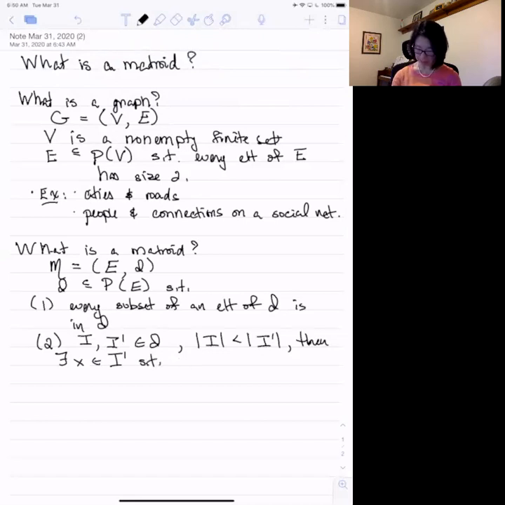So this is my shorthand for union, I plus X, and that'll also be in script I.